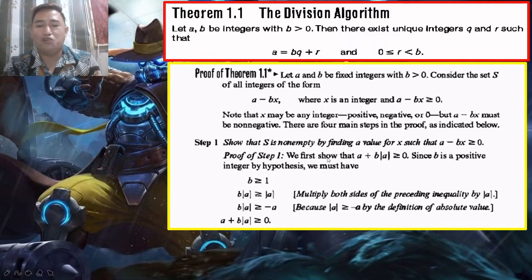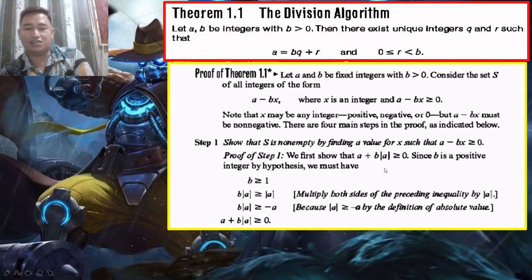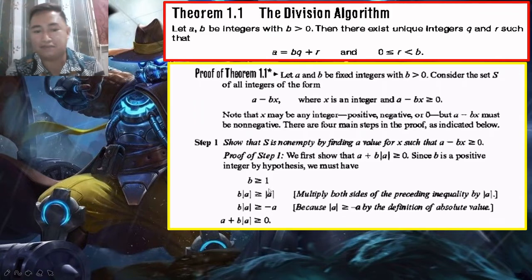Kanina, step 1. We show that a plus b times the absolute value of a is non-negative, or greater than or equal to 0. Since b is a positive integer, by hypothesis, we must have b is greater than or equal to 1.